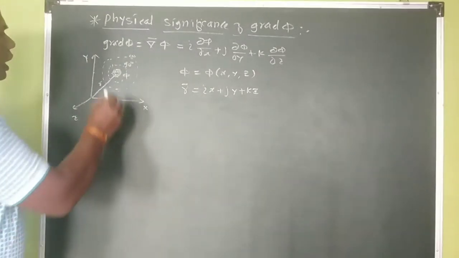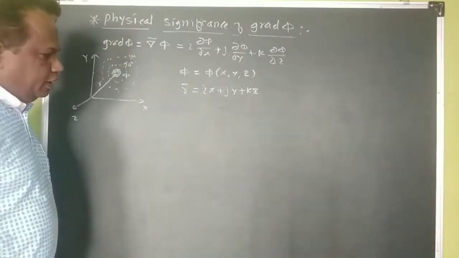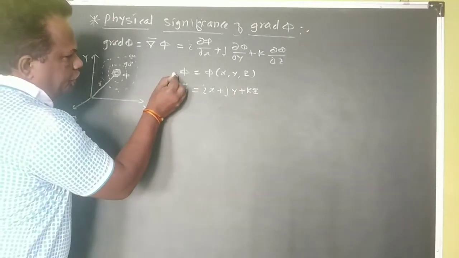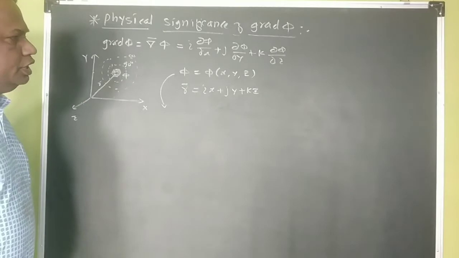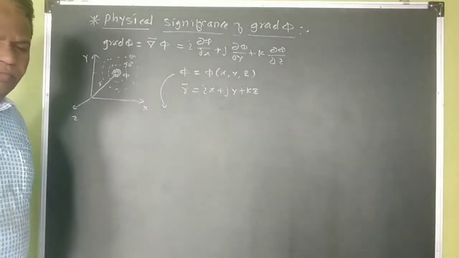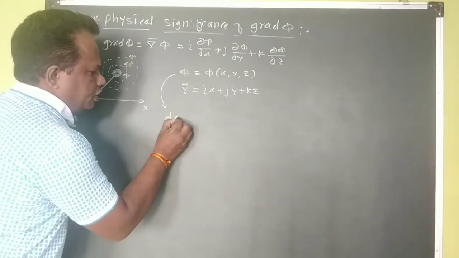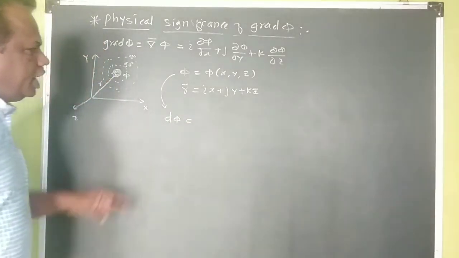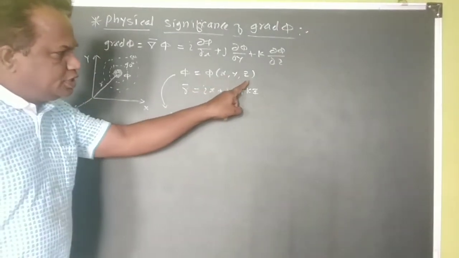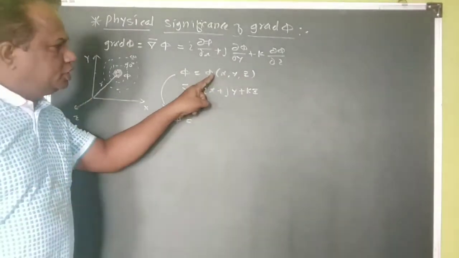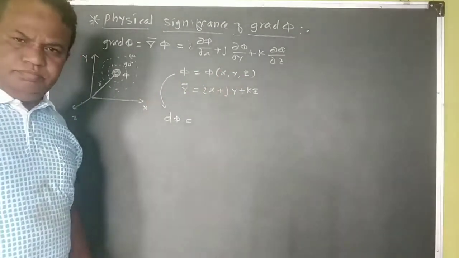Now grad phi, gradient of phi. You are going to differentiate the value of phi. Differentiation of phi gives d phi. Now differentiate this: there are three variables x, y and z.